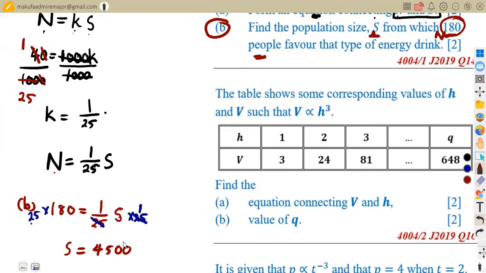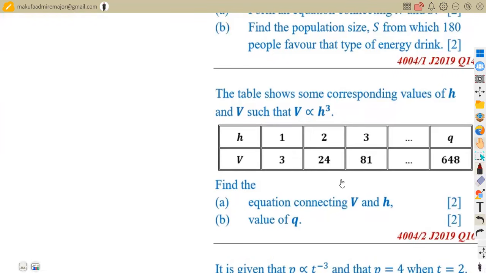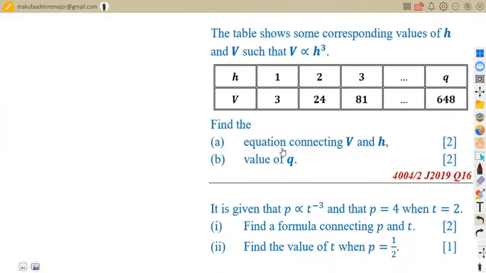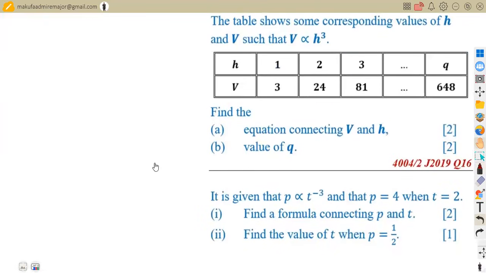So it's a population size of 4,500 people. So that is how we play around these questions. It's not like whenever you see a word problem, it's a partial variation. No, relate to the information that you're given. Is it partial or not?